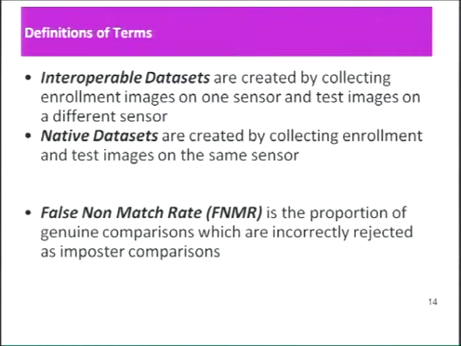Just some definition of terms that I'll be using quite often throughout the presentation. The first is interoperable datasets, and these are defined as datasets that are created by collecting fingerprints on 2 different types of sensors. When I talked about the processes within a biometric system, you can have enrollment or you can have recognition.